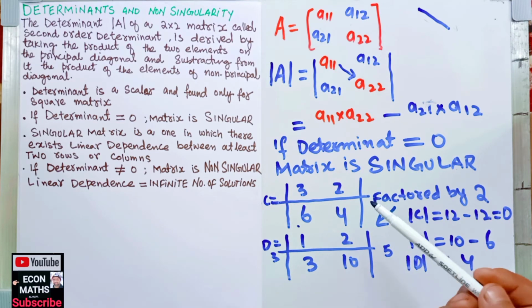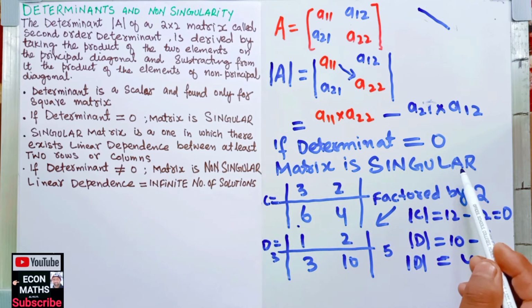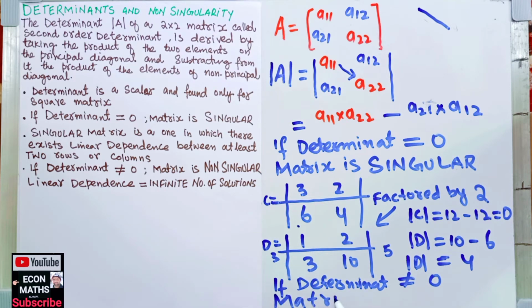So if the determinant is equal to 0, the matrix is singular. And if the determinant is not equal to 0, we say the matrix is non-singular.